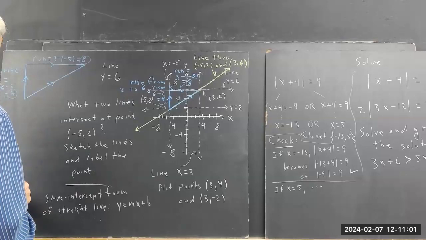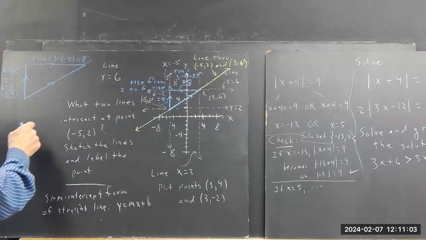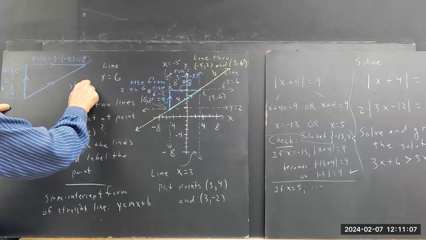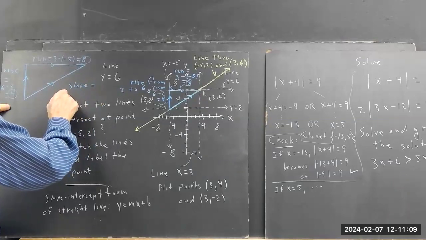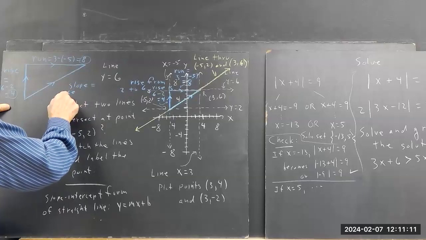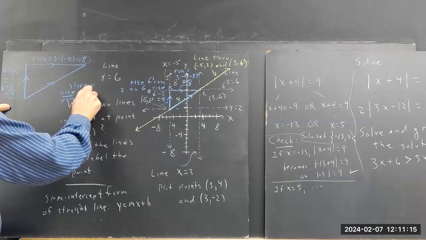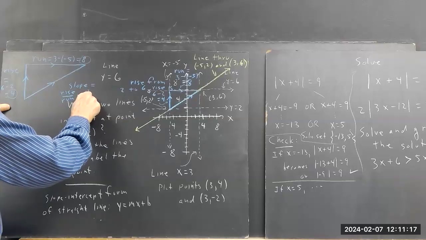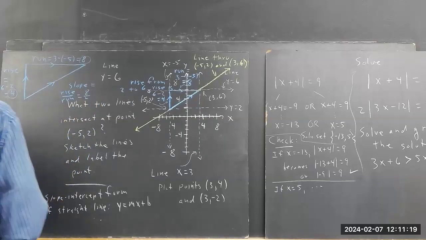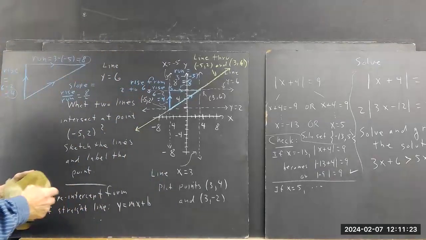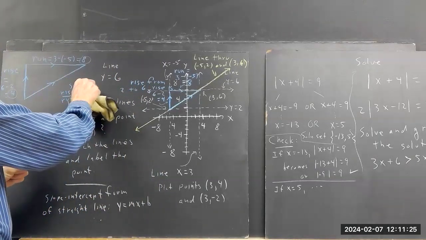Okay, well, now the slope is rise divided by run, which is 8 divided by 4. Oh. My eye caught that 8 up there, and my brain wasn't engaged when it did, so I wrote it down.